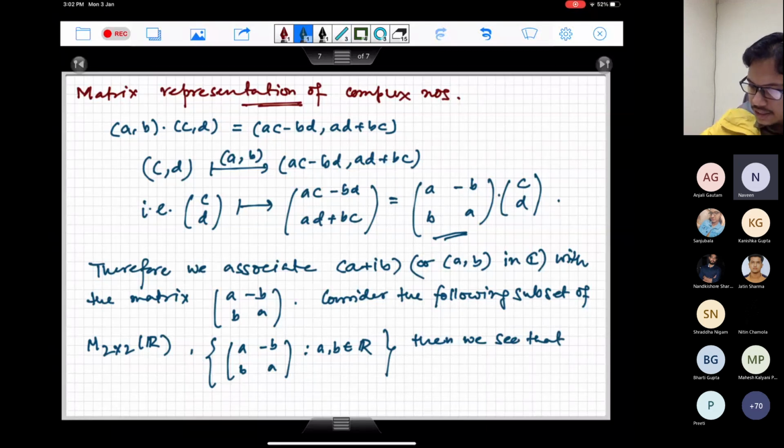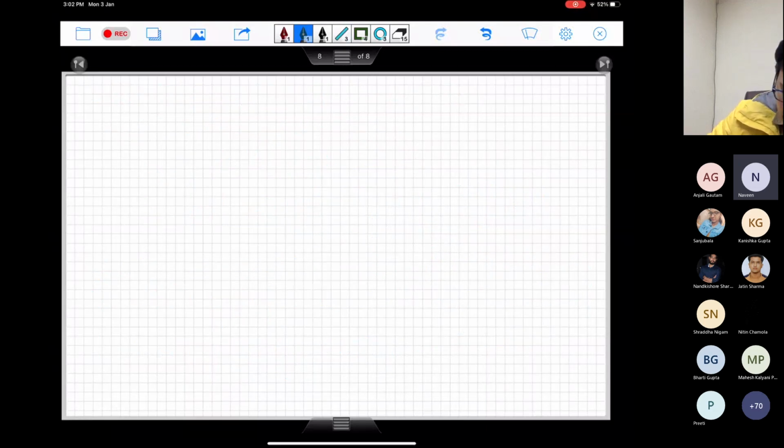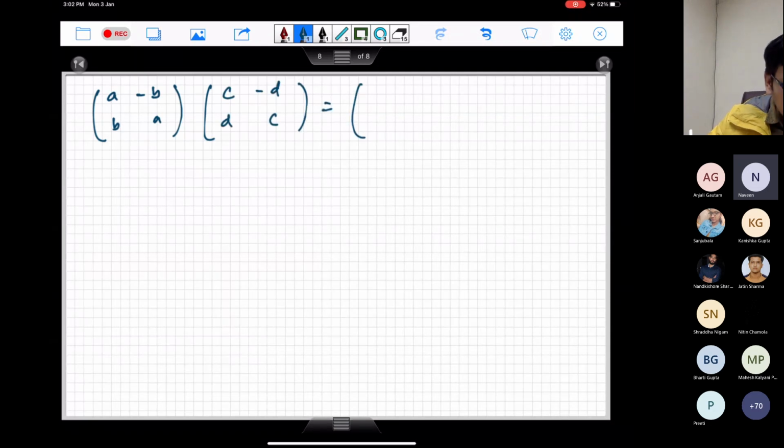Now let's examine what the multiplication is over here, with (c, minus d; d, c). You know how to multiply two matrices. If you do that, what are you getting? ac minus bd, then minus ad minus bc, and then here ad plus bc, and again I am getting ac minus bd.